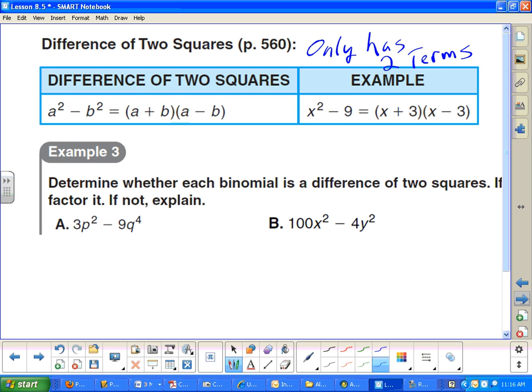So the difference of two squares, if I have a squared minus b squared and I factor it, we get the quantity a plus b times the quantity a minus b. So here they give us an example, x squared minus 9 would be x plus 3 times the quantity x minus 3. I like that one because it's usually pretty straightforward and the easiest to factor.